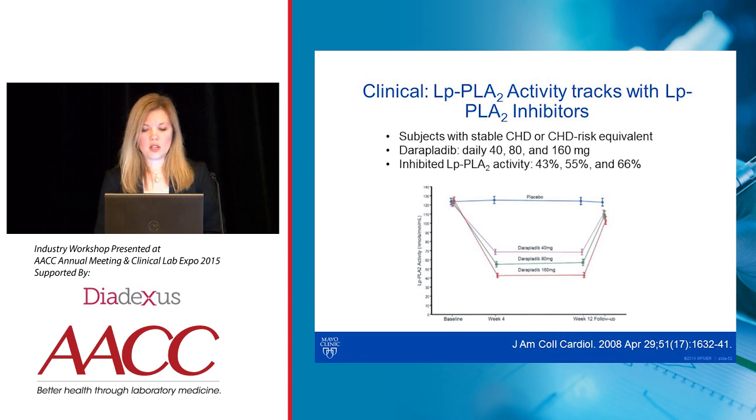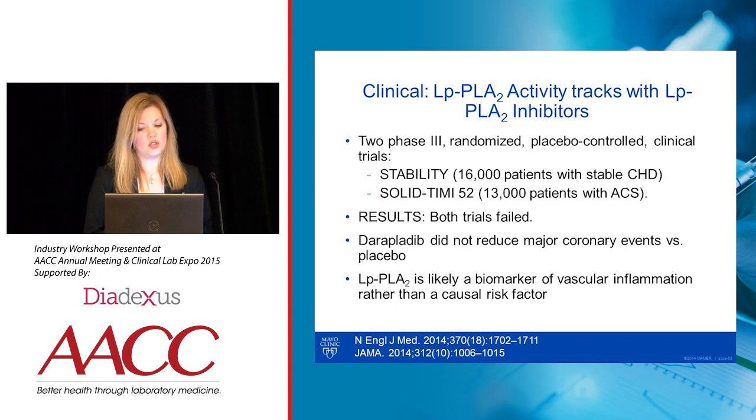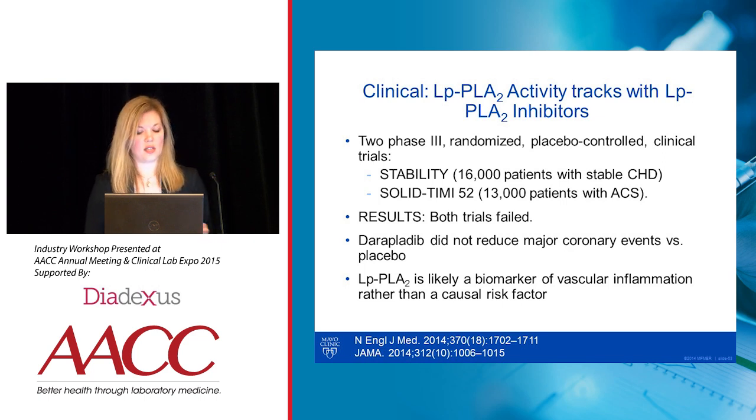However, the clinical usefulness of this was dampened by the two, as you're probably well aware, phase 3 clinical trials using this inhibitor, one in a population with stable coronary heart disease, the other with ACS. Actually, both trials failed their primary endpoint: darapladib did not reduce major coronary events versus placebo.